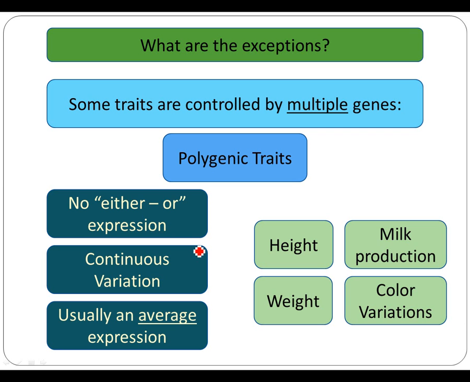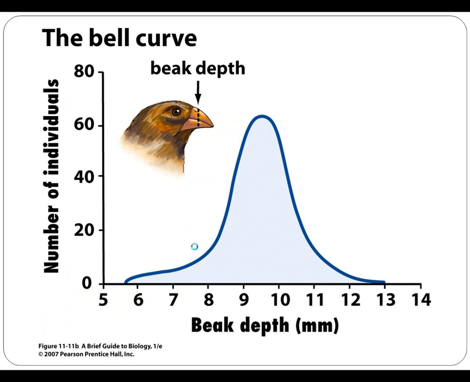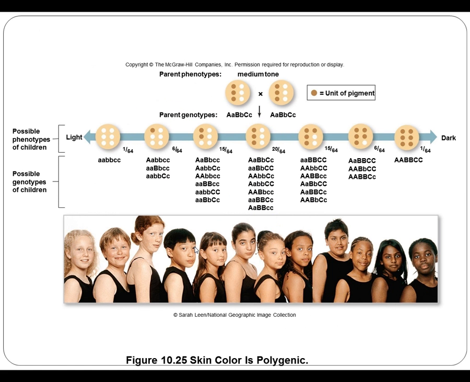A bell curve, as I mentioned, is what you'll see for a distribution for our polygenic traits. The good example in your textbook shows this gradient of, for example, skin pigmentation. Not either one extreme or the other, just a combination of expressions.